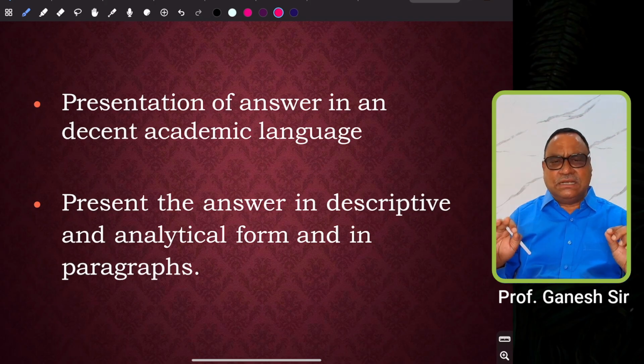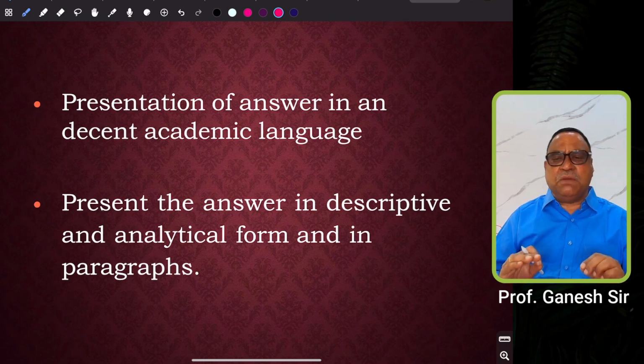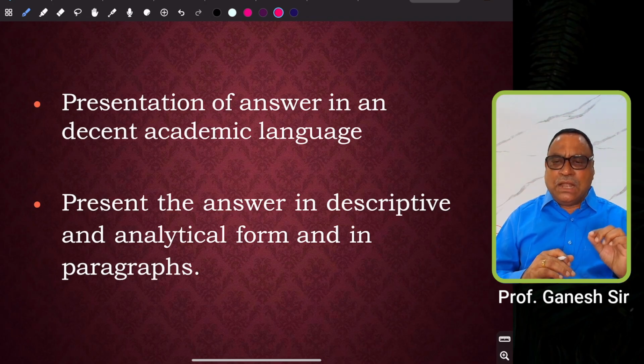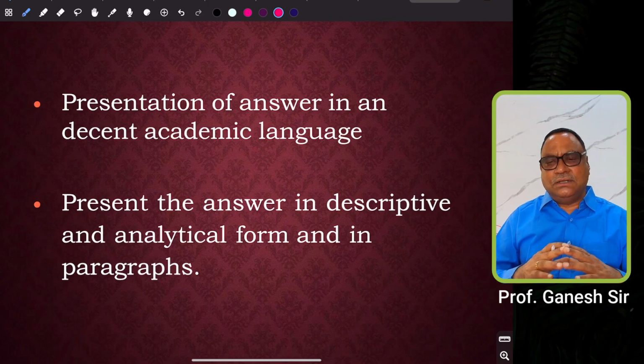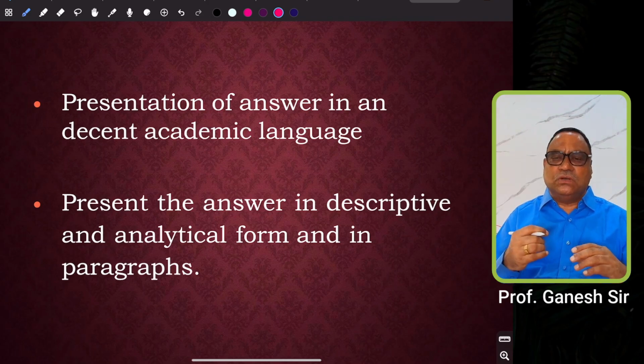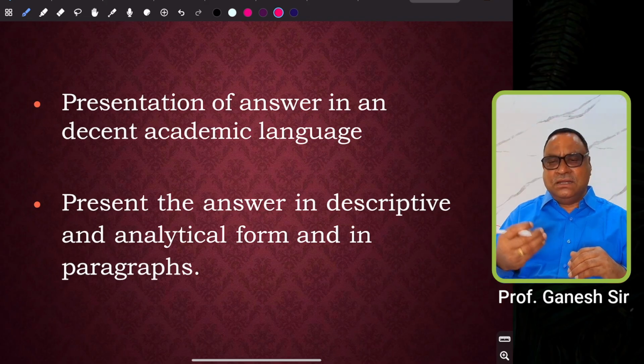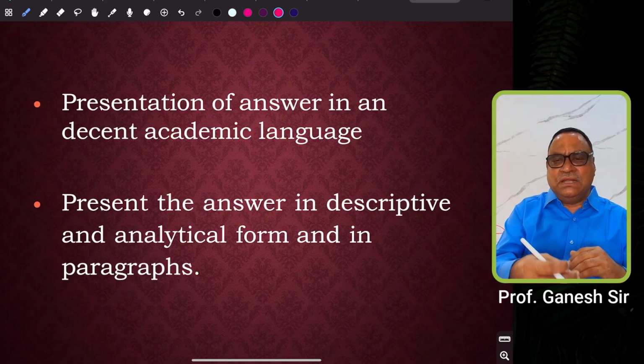Then present the answer in a descriptive and analytical form and in paragraphs. This is also very, very important. The civil services examination demands a descriptive analysis. This is not a kind of examination where a student is supposed to write the answer simply in some points.